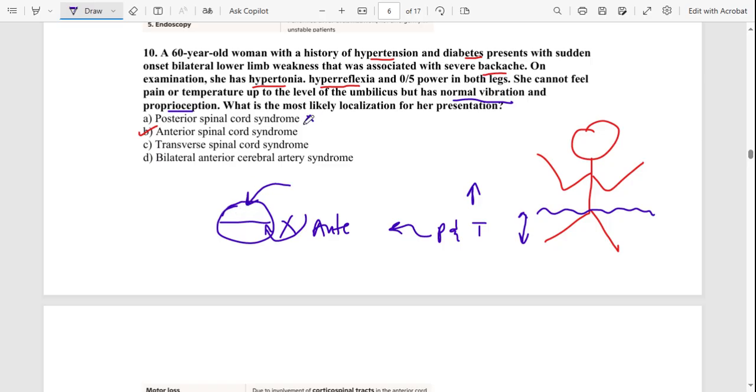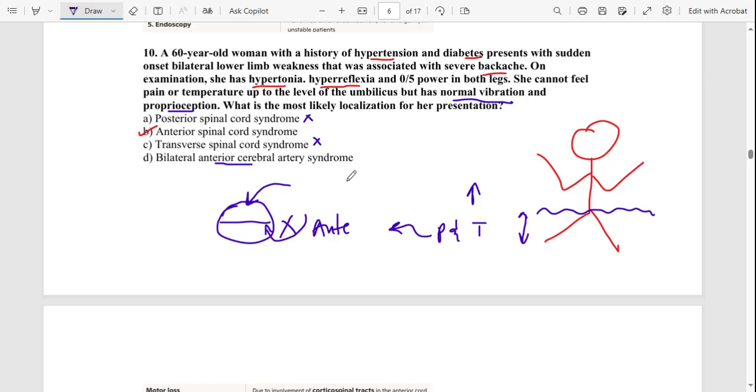So we can't pick A, and we can't pick C because transverse spinal cord syndrome affects both the back and the front. And then there's bilateral anterior cerebral artery. Okay, I don't know how I'm going to disqualify this one.